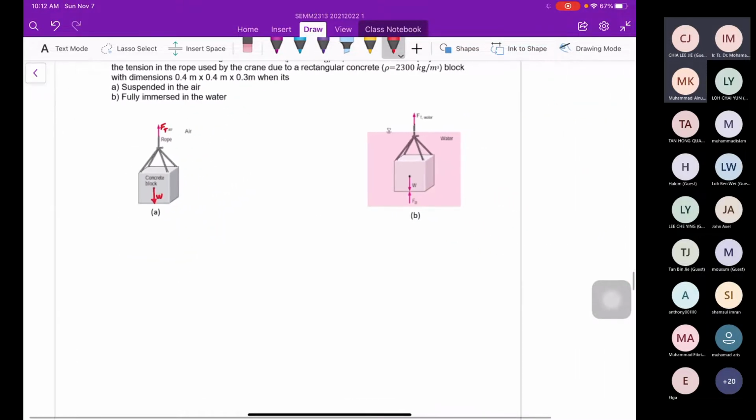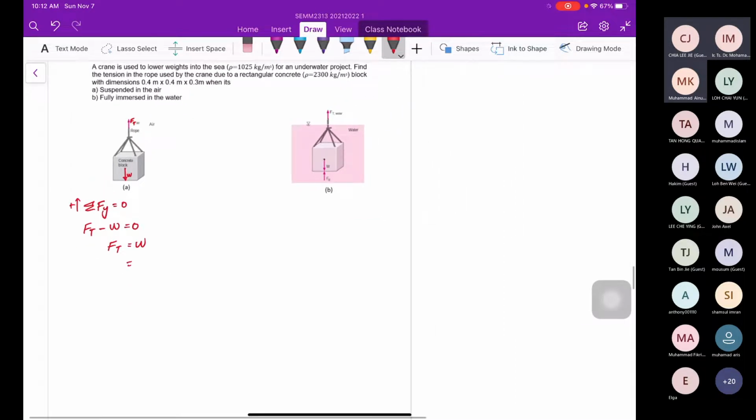To calculate this, we use the summation of forces in the y direction equal to 0. Positive upward, so FT, the tension, minus the weight of the block equals 0. So FT equals the weight.